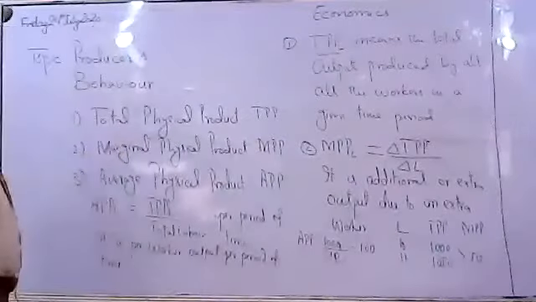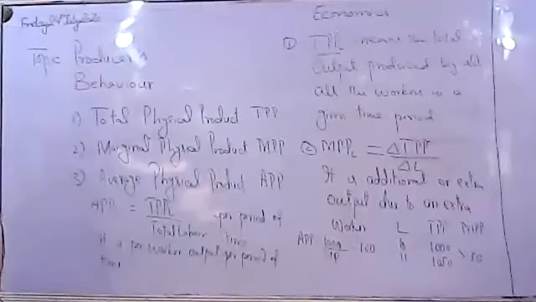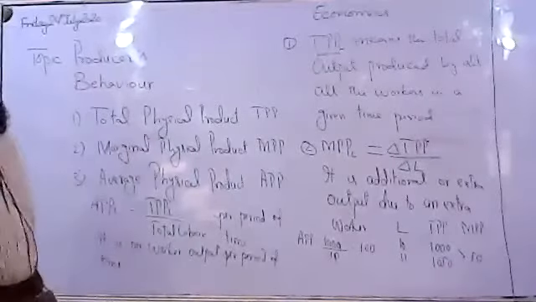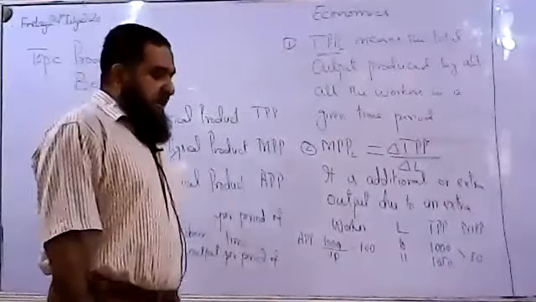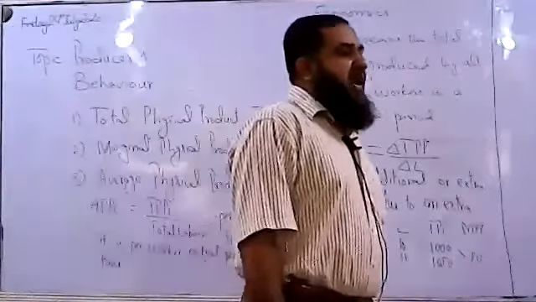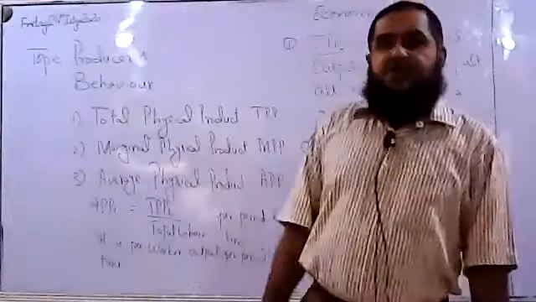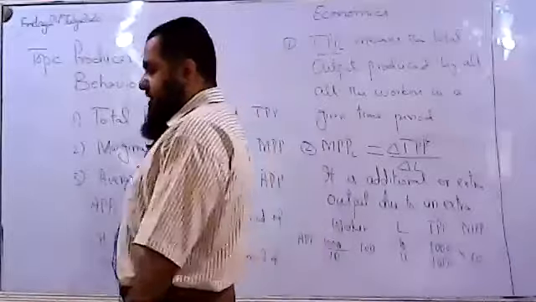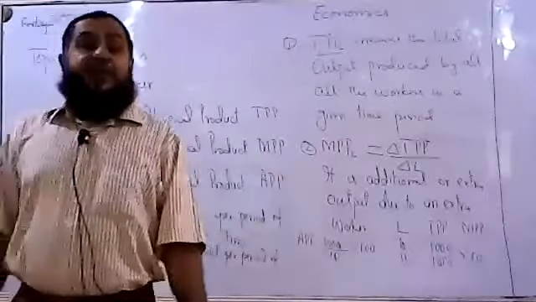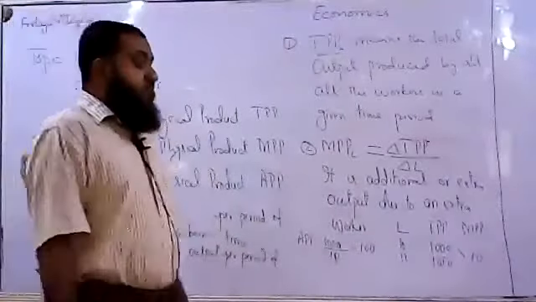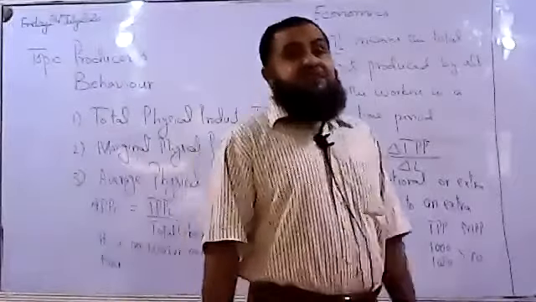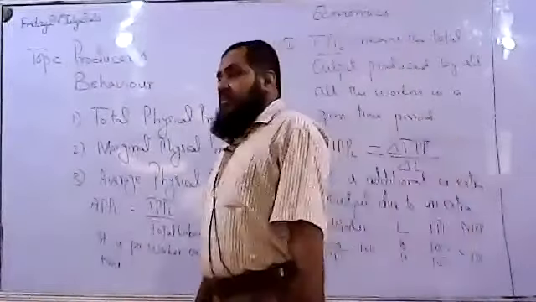Now what are the different types of production functions? We have studied two main types. There can be others, but in our syllabus we have two of them, that is the short run production function and the long run production function. During the short run, what happens? We have at least one factor of production fixed and others are variable.